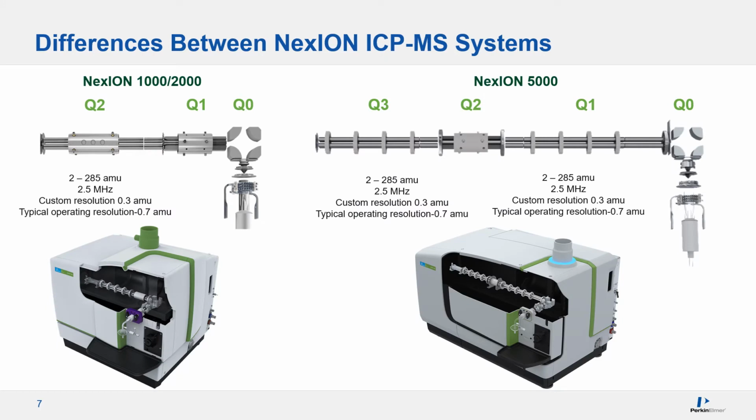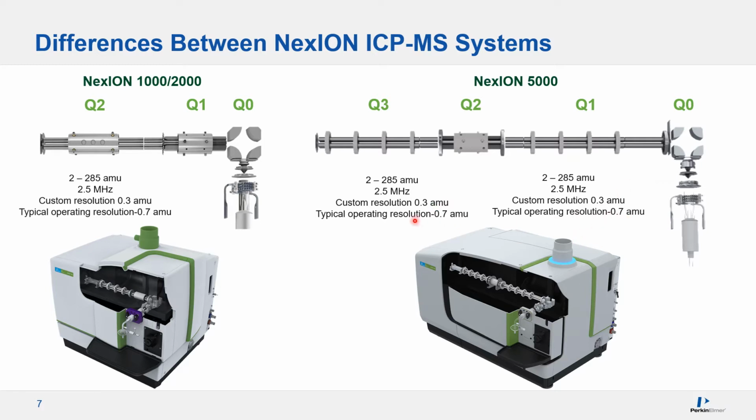So here's just a picture of the 2 setups for the NexION 1000-2000 versus the NexION 5000. And just by first glance, the big difference is there's another quadrupole in the NexION 5000 ion path. But it's identical to the analyzer quadrupole prior to the detector. So they both have the same mass range, same frequency, same great resolution down to even lower than 0.3 AMU.